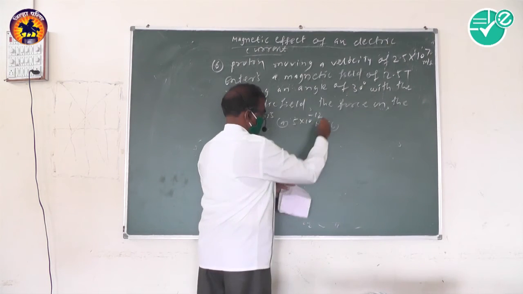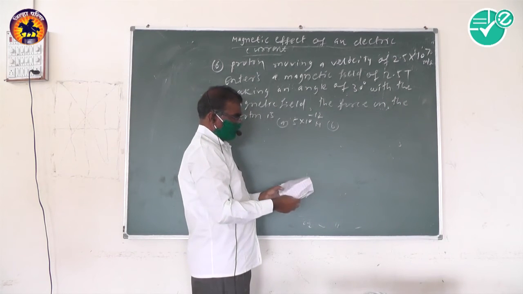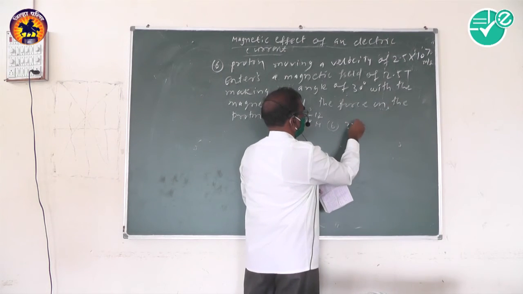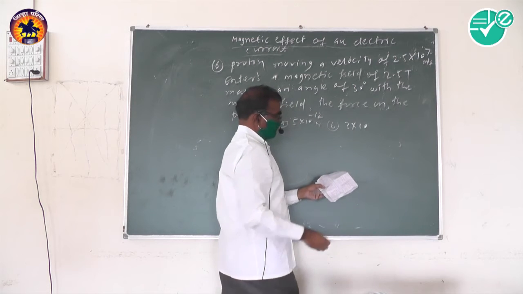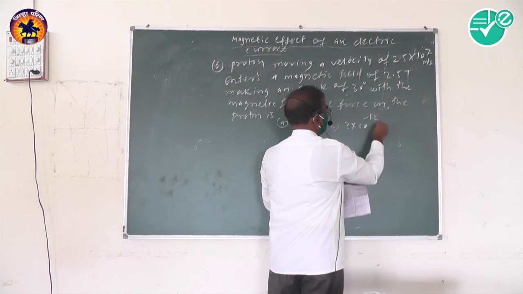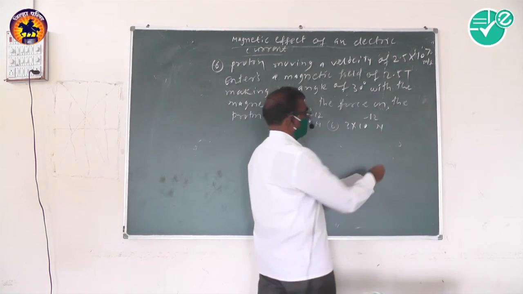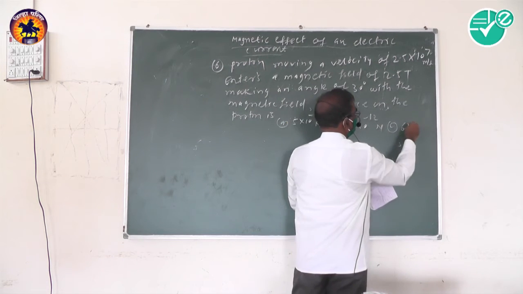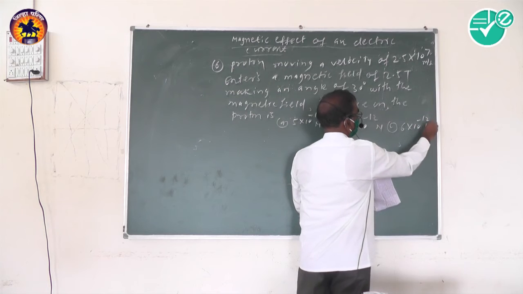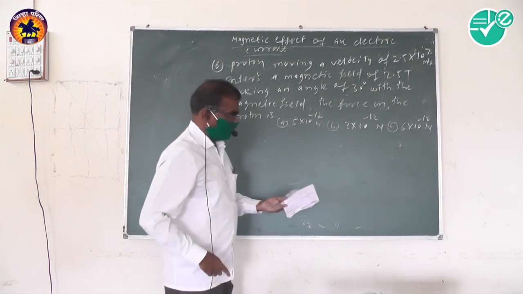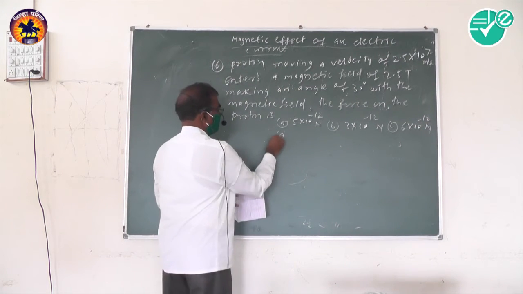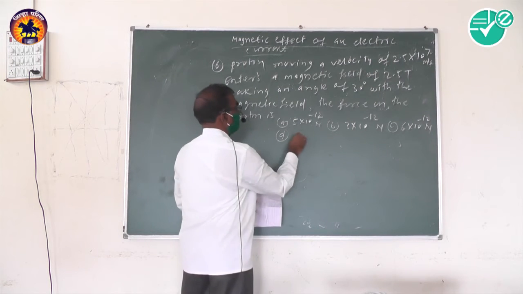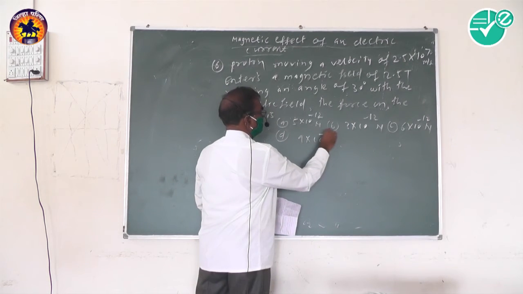B, 3 into 10 raised to minus 12 Newton. C, 6 into 10 raised to minus 12 Newton. D, 9 into 10 raised to minus 12 Newton.